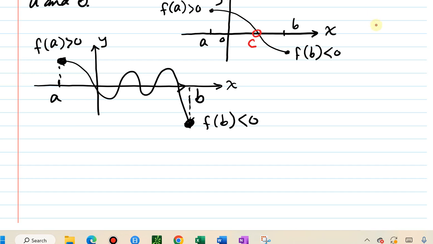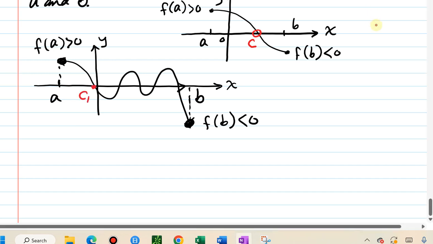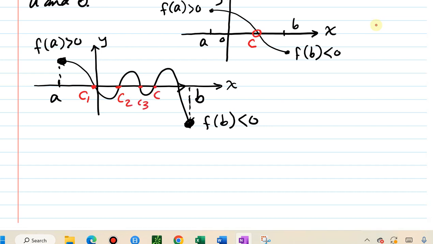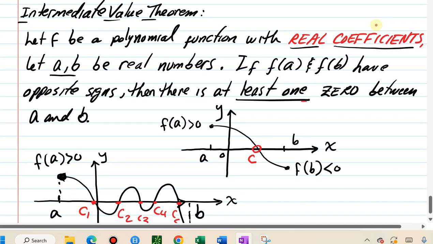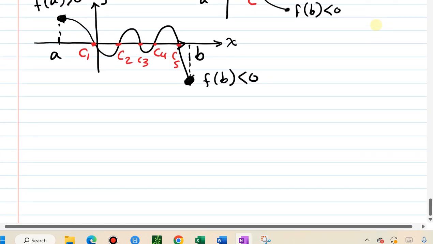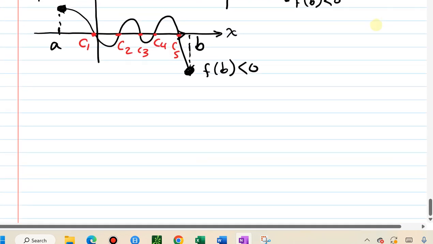Let's count them. I have one here, that's c1, one here, c2, c3, c4, c5. I have five zeros between a and b. So that is why the theorem says at least one, meaning one or more. Okay? And there we have that one.